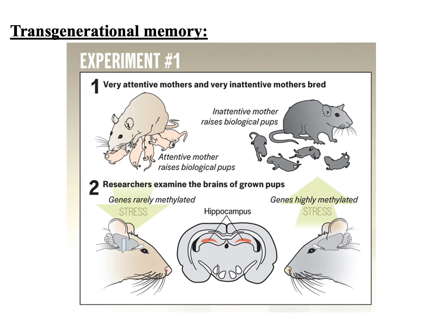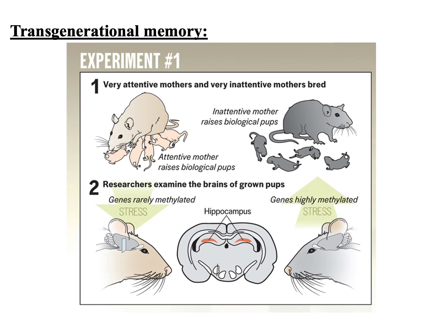There were also mothers that were noted that were inattentive, and these inattentive mothers did not exhibit that clear licking, grooming, attentive behavior compared to the attentive mothers. In this experiment, what the researchers did was examine the brains of the growing pups. It turns out that the pups that were raised by attentive mothers had very low levels of methylation of their DNA with specific genes in mind.